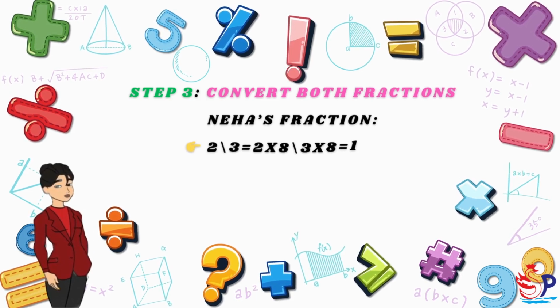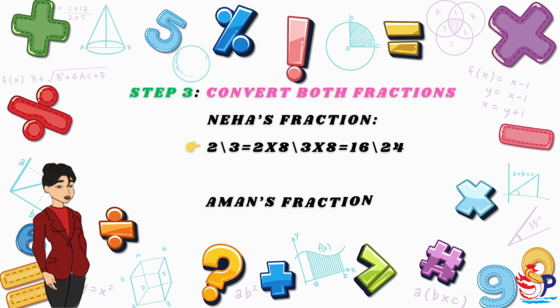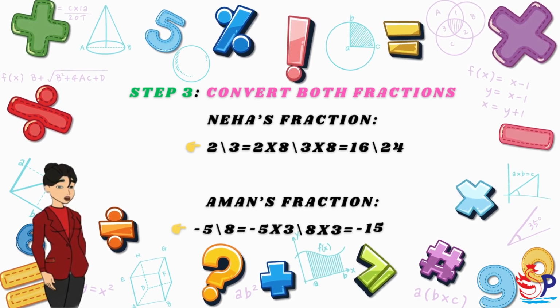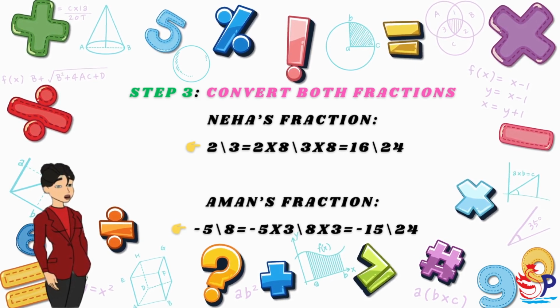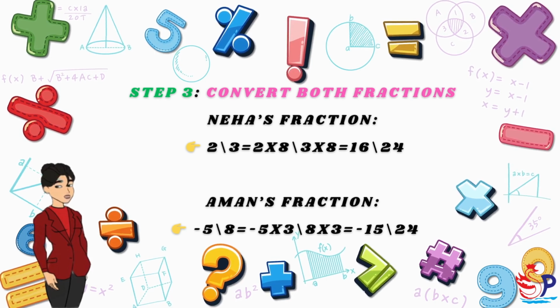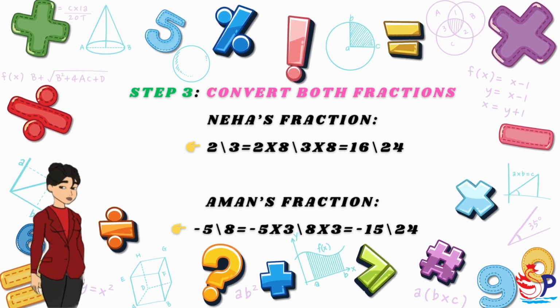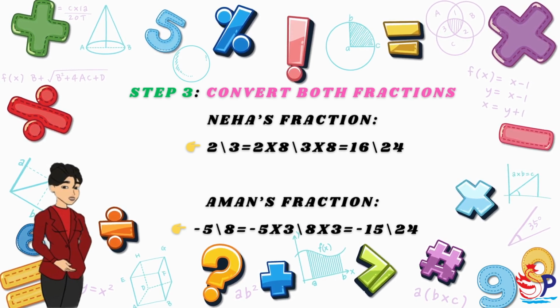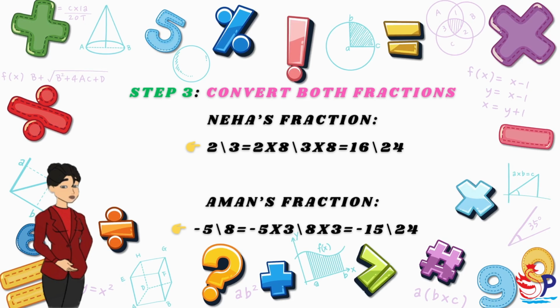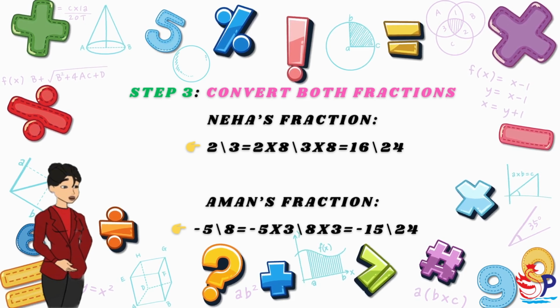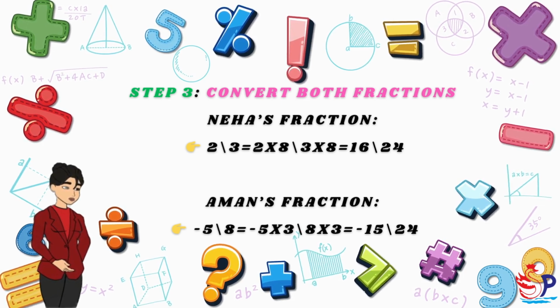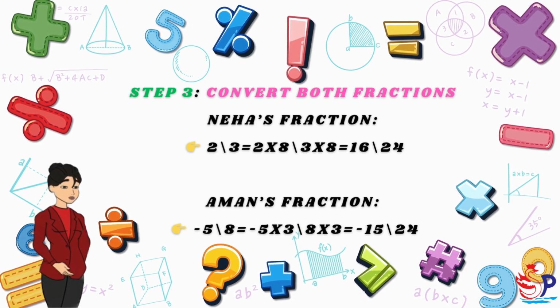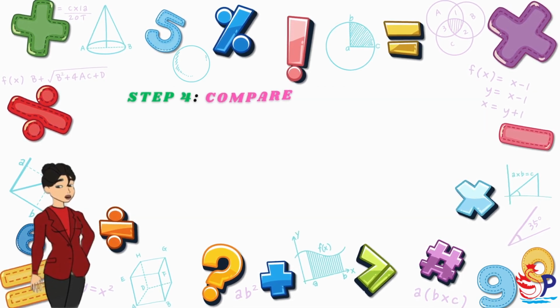Neha's fraction 2 by 3 is equal to 2 multiplied by 8 by 3 multiplied by 8, is equal to 16 by 24. Aman's fraction minus 5 by 8 is equal to minus 5 multiplied by 3 by 8 multiplied by 3, is equal to minus 15 by 24.